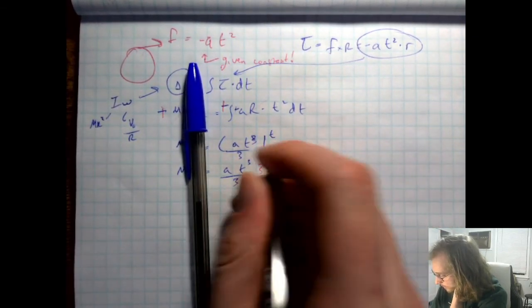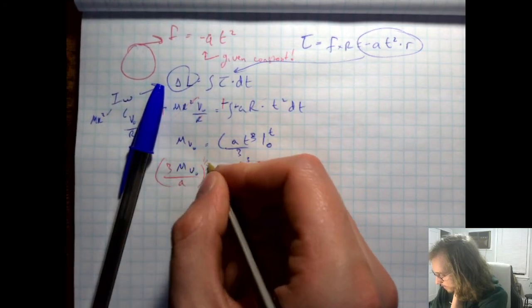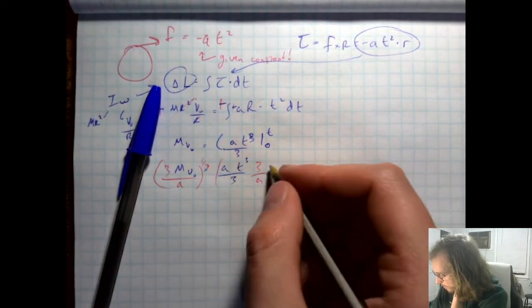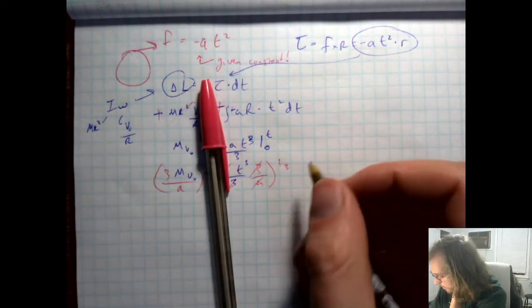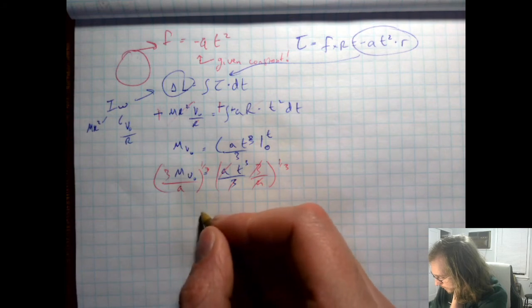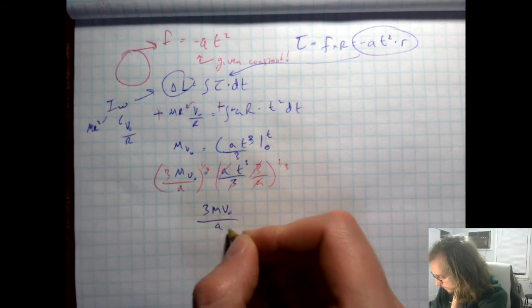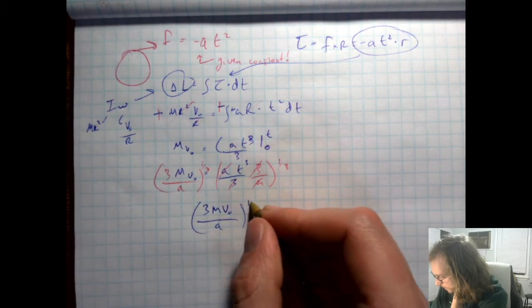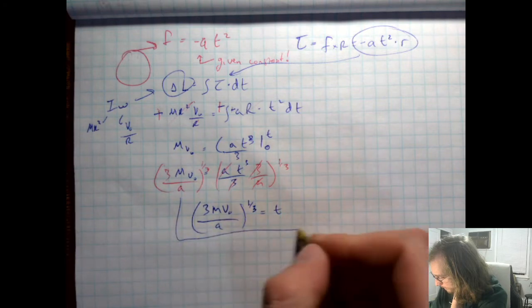Multiply each side by 3, divide each side by A, and then raise each side to the 1/3 power to get rid of our cube. And our final answer is 3 times our mass times our initial velocity divided by A, all to the 1/3 power, is equal to our time.